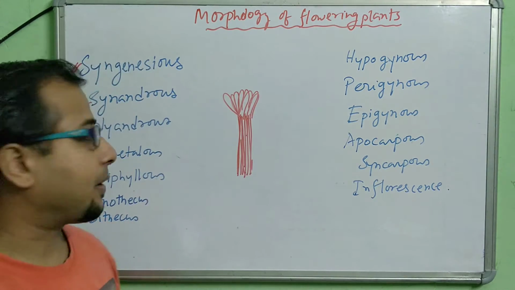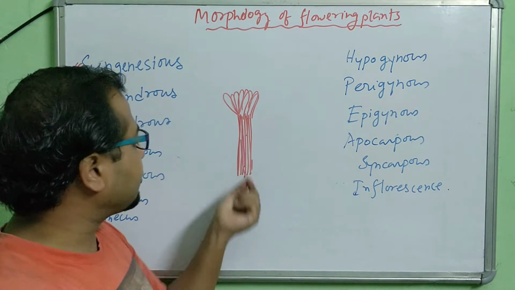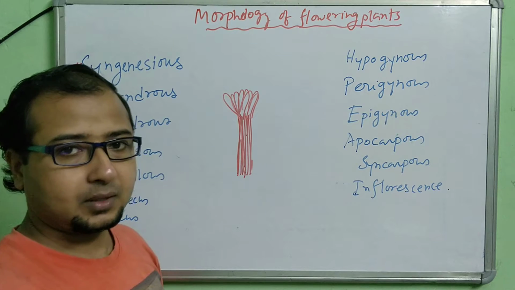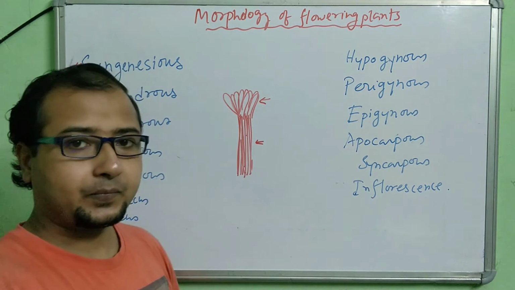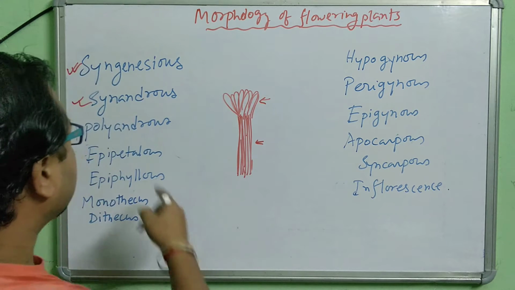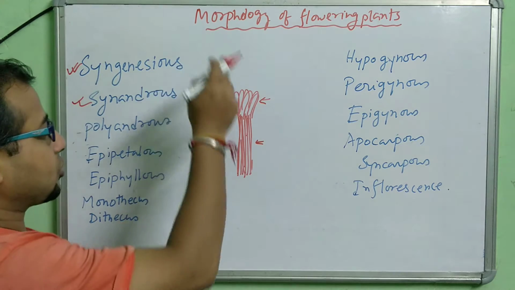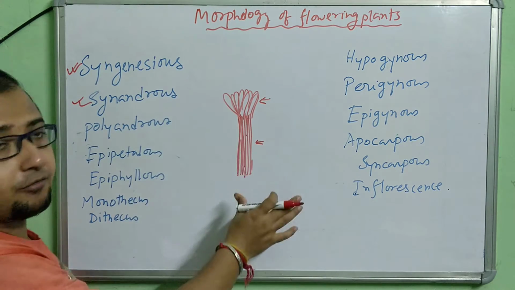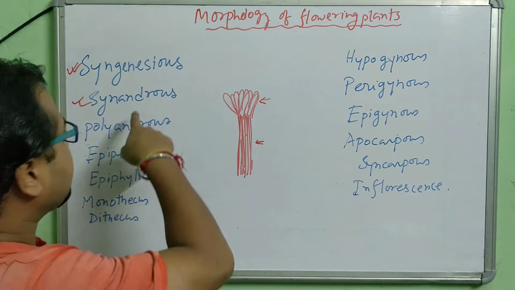So this is the structure where many filaments and many anthers are fused together. This part is fused, this part is also fused. This is synandrous. Clear? In the first one only the anthers were fused, filaments were free, but in the second, both the parts are fused together. This is synandrous.